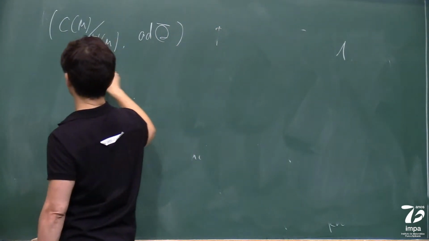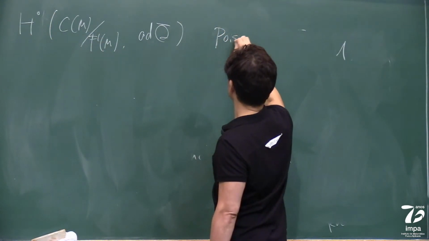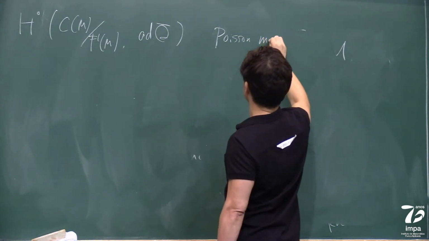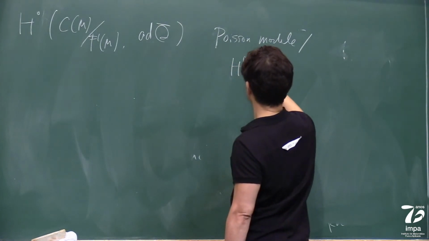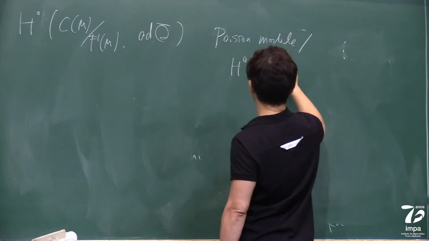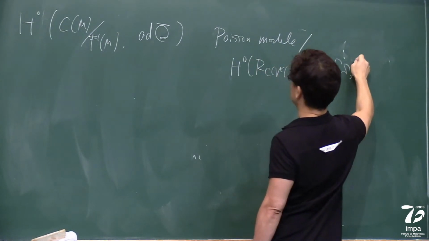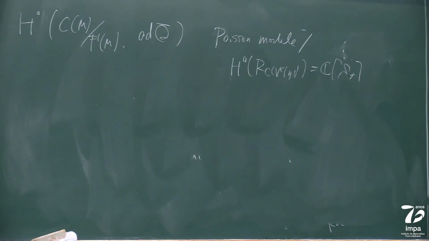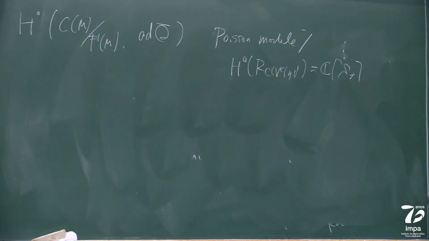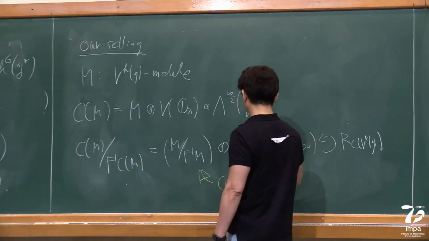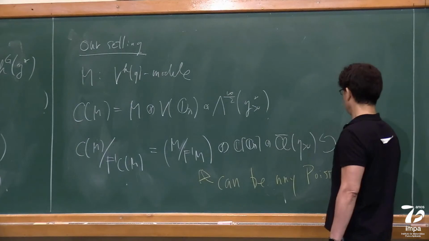If you take the corresponding cohomology, we have a Poisson module over H0 of R C of VKG, which is the Slodowy slice. But here you can put any, this can be any Poisson CG star module.